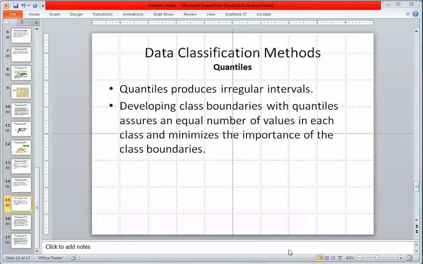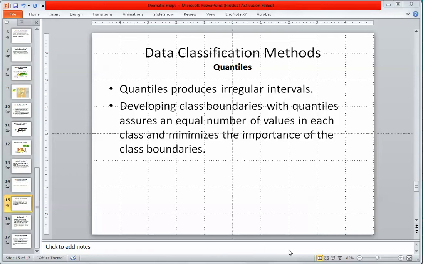Now, in this case, what we're actually doing is our classes are not based on values, but rather an equal number of enumeration units in each class. So what we do is we order every enumeration unit, in this case every block group, from the smallest population to the highest population.